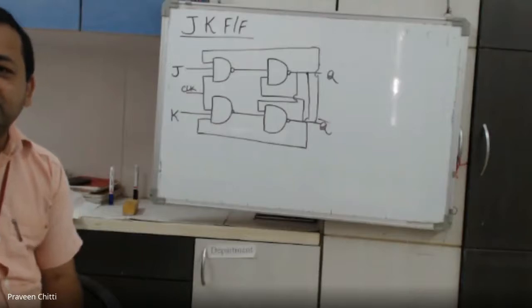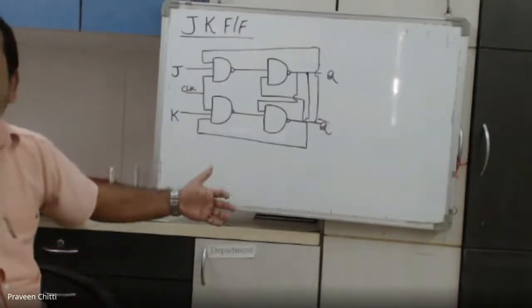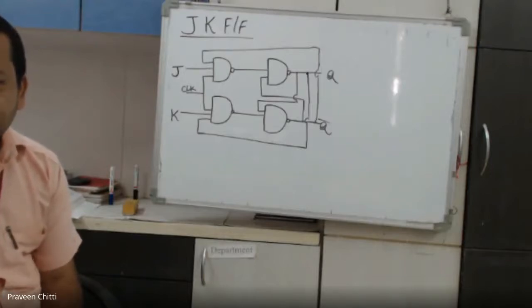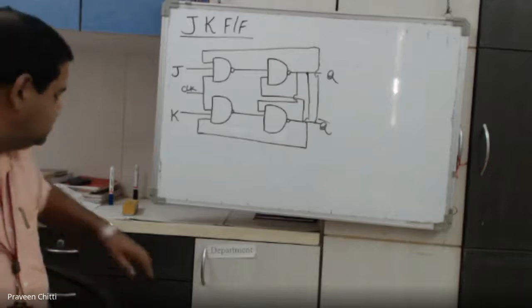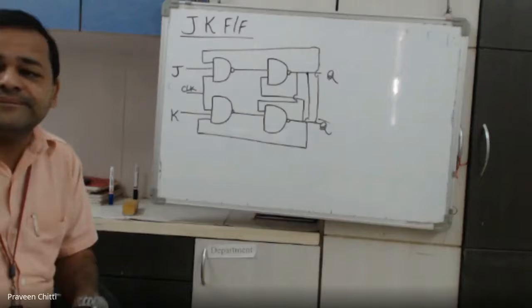I have explained how SR flip-flop should be changed to JK flip-flop, but still you are not able to tell what changes you need to do. Can anybody?